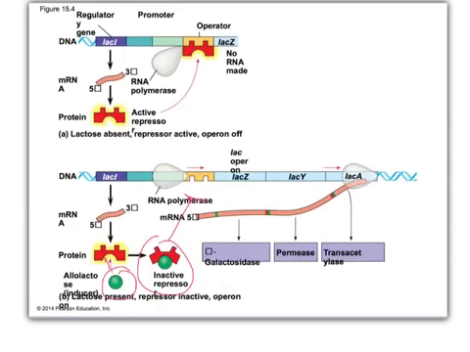Those genes are important in the metabolism of lactose: beta-galactosidase, permease, and a transacetylase. All right, so normally this is turned off, but can be turned on in certain circumstances. It is inducible.